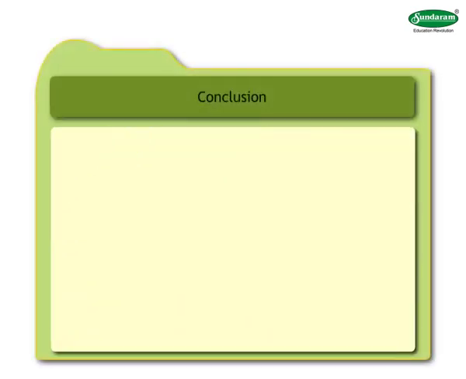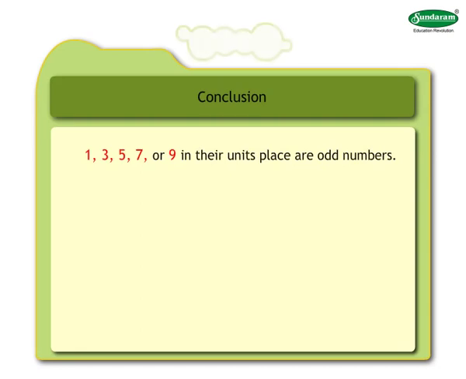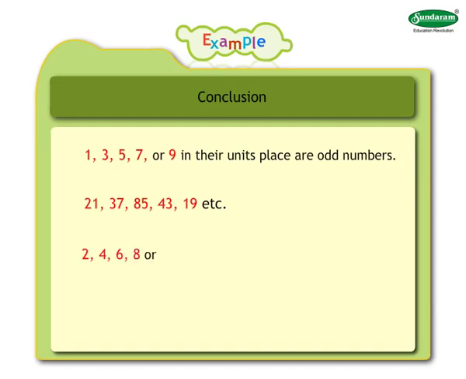Hence, we can conclude that numbers having 1, 3, 5, 7 or 9 in their units place are odd numbers. Example: 21, 37, 85, 43, 19, etc. Whereas numbers having 2, 4, 6, 8 or 0 in their units place are even numbers.